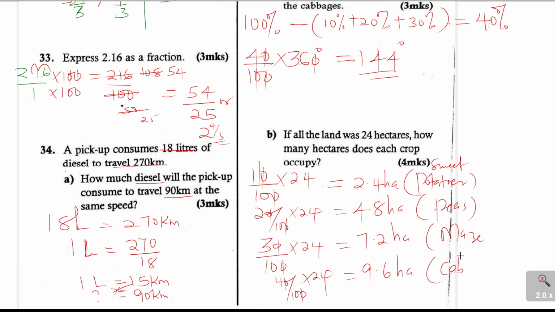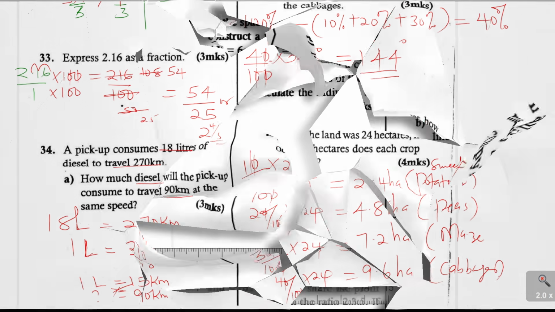So this is for the cabbages. So now we've answered the question, how many hectares does each crop occupy? And if you want to verify, you can add 2.4 plus 4.8 plus 7.2 plus 9.6 to verify whether that will give a total of 24. And it is giving 24.